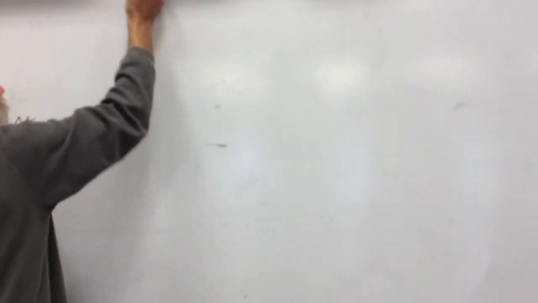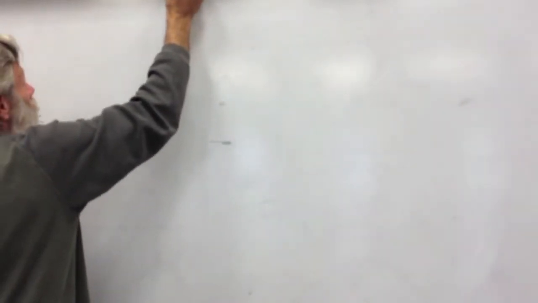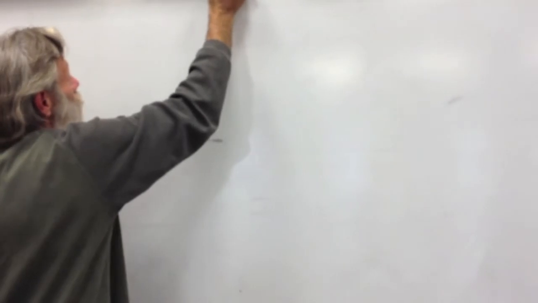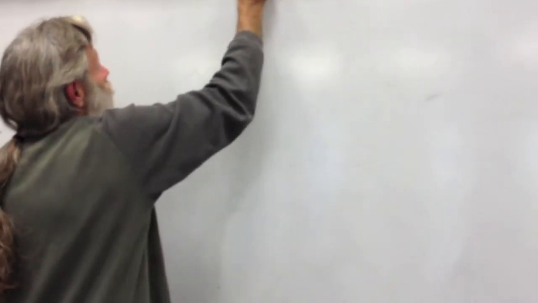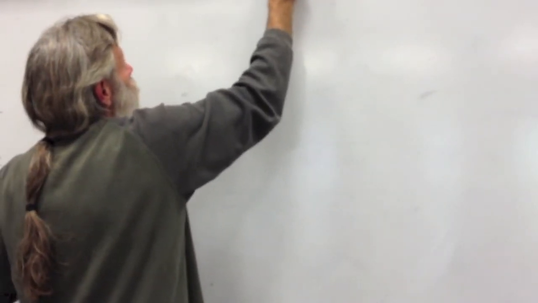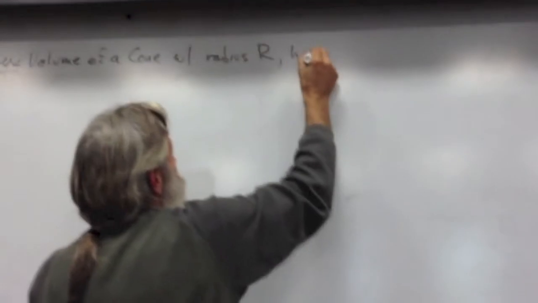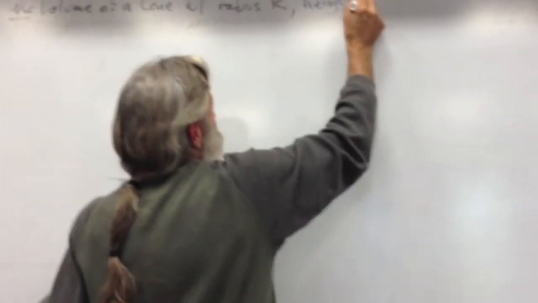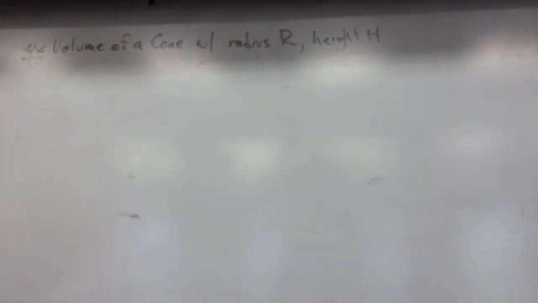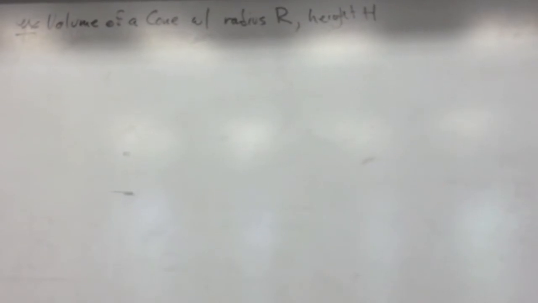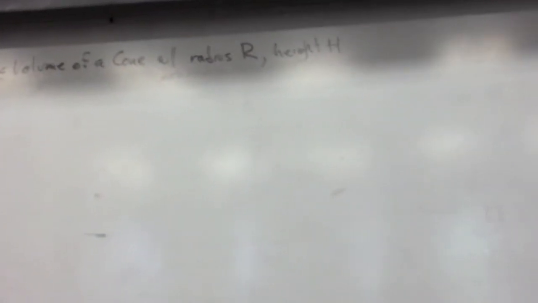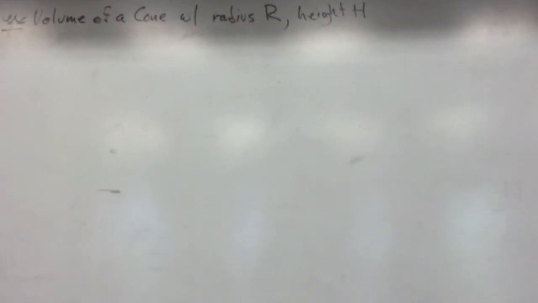So volume of a cone with radius, I'm going to call the radius big R, and height big H. So that little r and little h are then variable names as opposed to values. It's a value of big R and a value of big H.